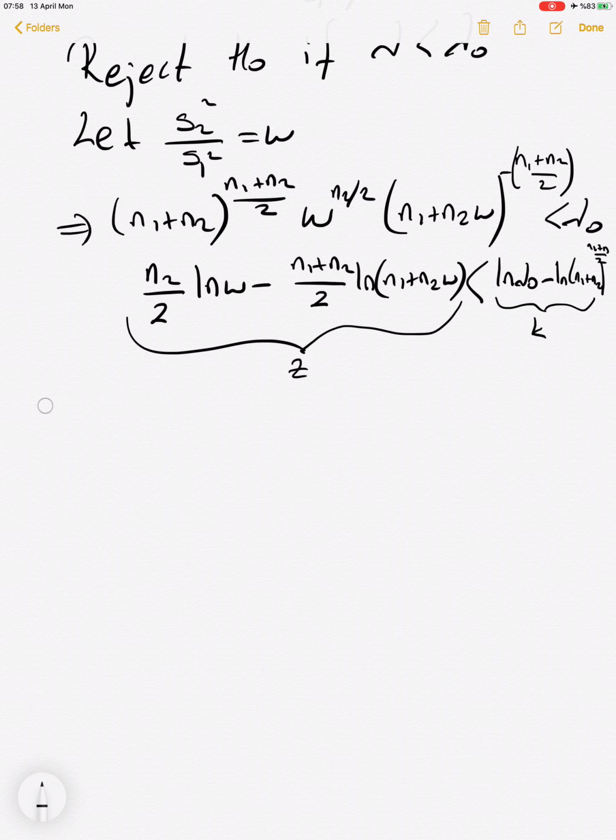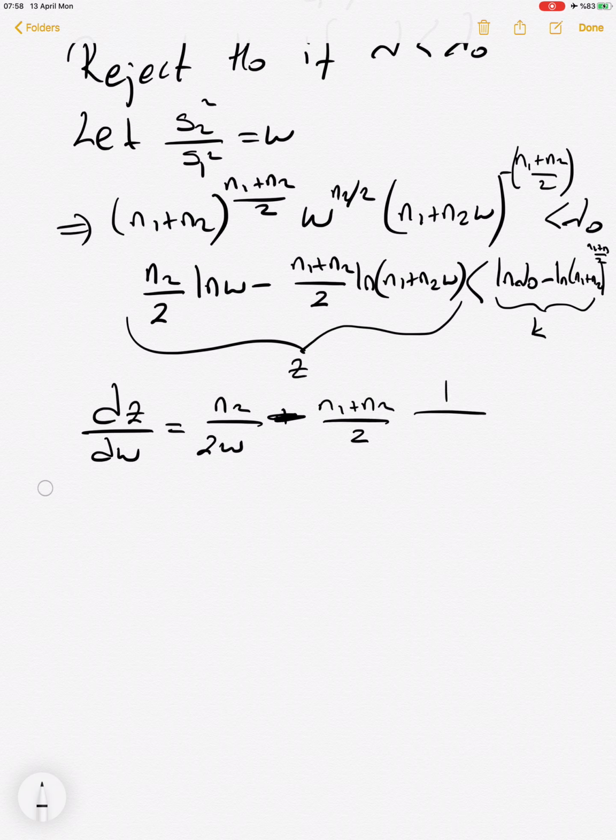So when we take the derivative of z with respect to w, we will see n2 over 2w here, and we have a minus sign, not plus, (n1 plus n2) over 2, 1 over (n1 plus n2 w), times n2 here, equated to 0, and when we solve it, we end up with w equals 1.